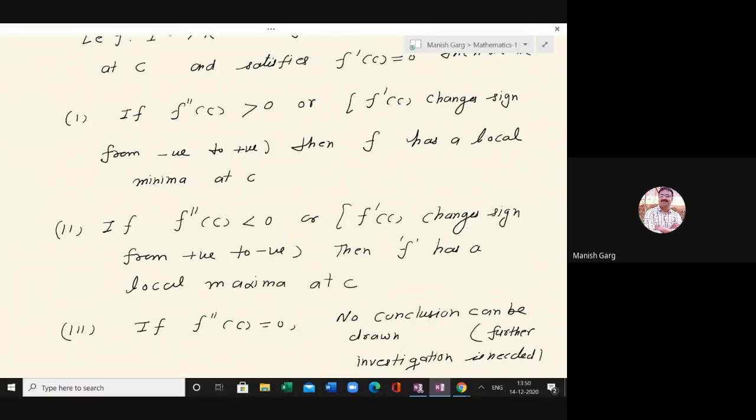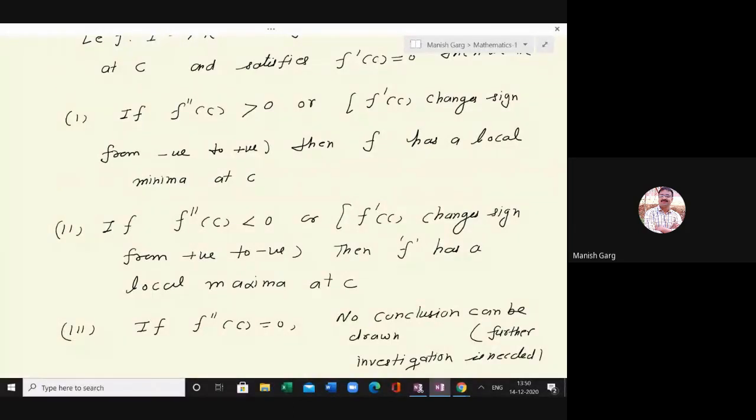The converse will be true if f dash x becomes 0 at a point and the function is twice differentiable. Now find the value of the twice differentiable function f double dash x at point C. If f double dash C is greater than 0, then point C will be a local minima. If f double dash C is less than 0, then f has a local maxima.